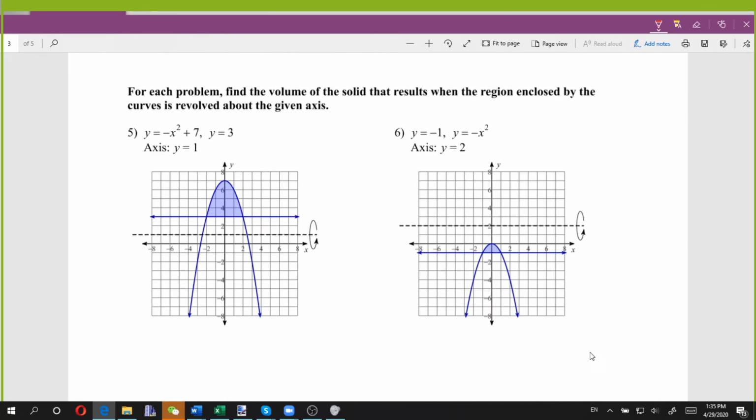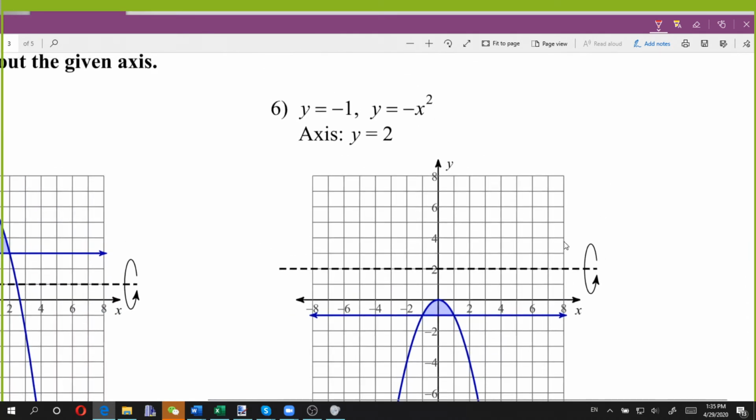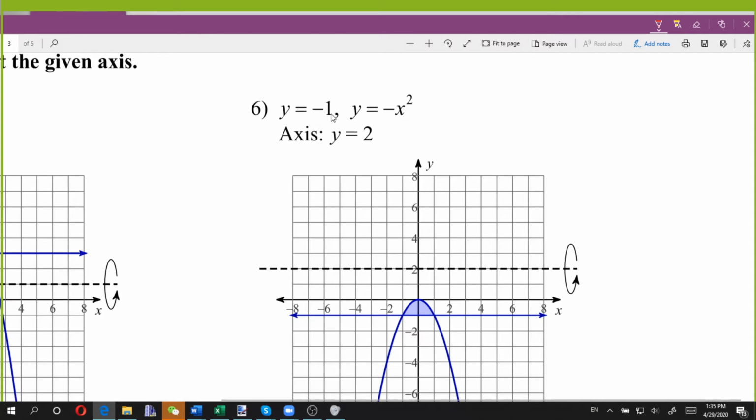Let's do one where we're rotating above, because those are a little bit harder, I think. Okay, so we were told our area is bounded by y equals -1, y equals -x squared, and y equals 2 for our axis.